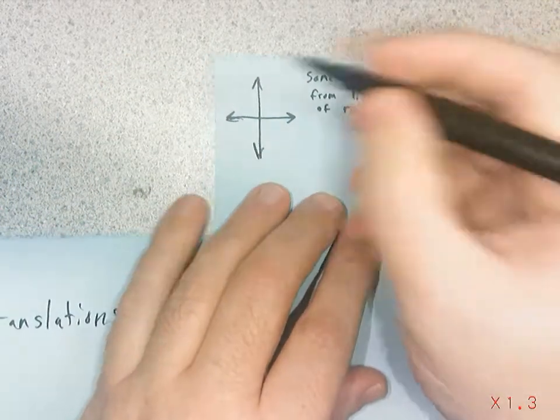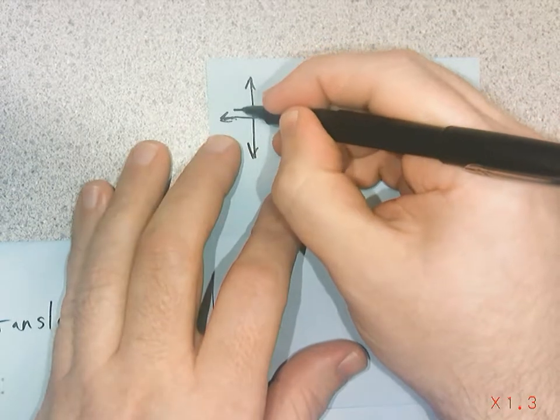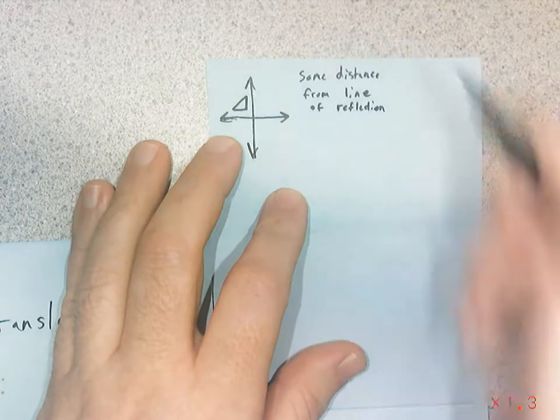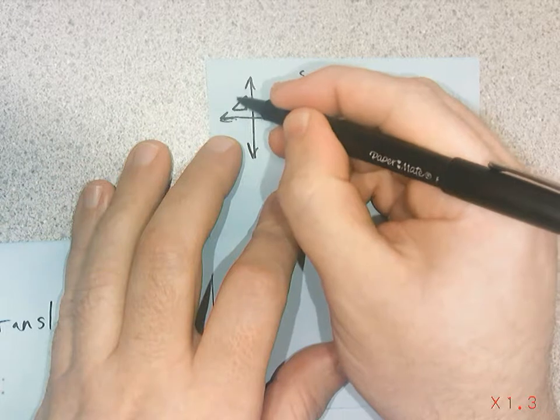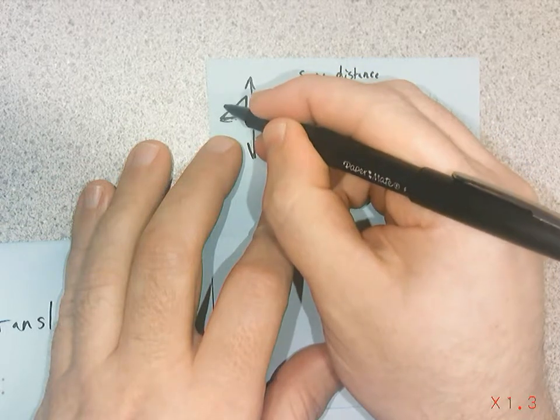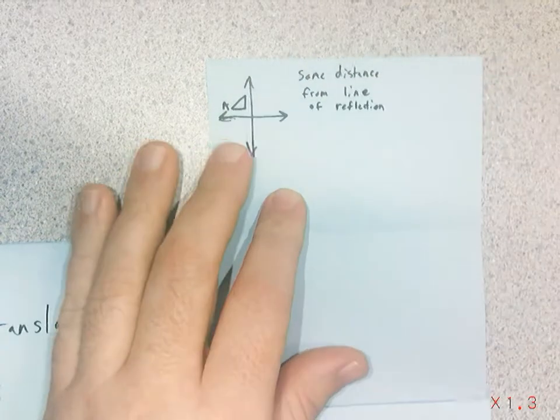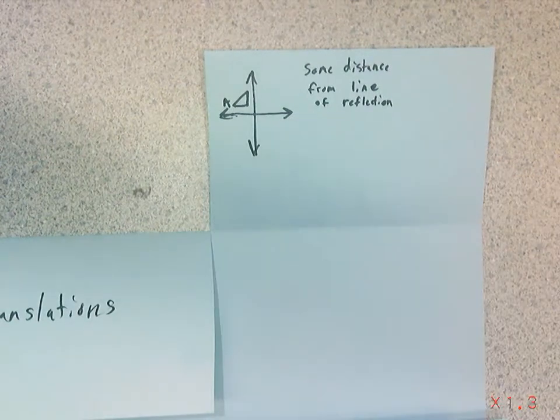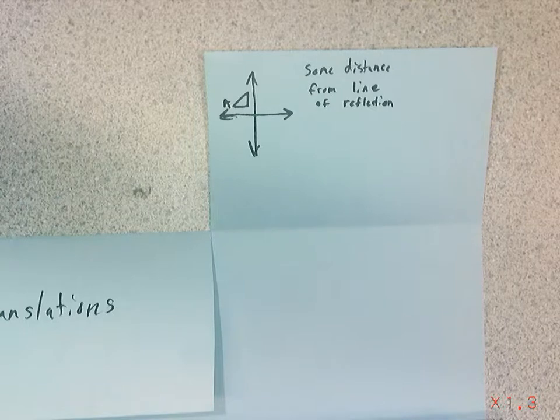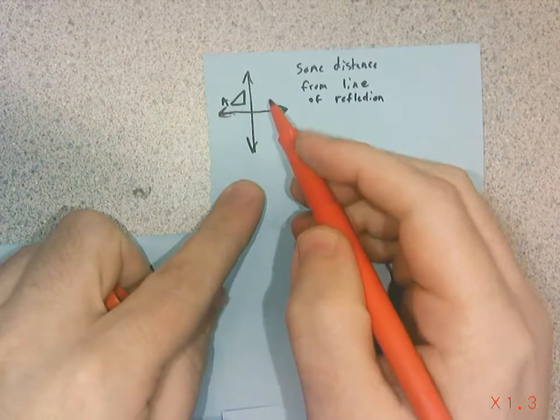Okay, so let's say I have a triangle, kind of the same idea that we had with translations. Got a triangle right here. Let's say this is point A. Obviously there's 3 points, but we're just going to focus on 1 point. So let's say we want to reflect that across the y-axis.